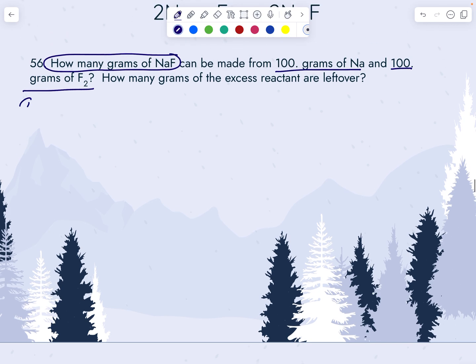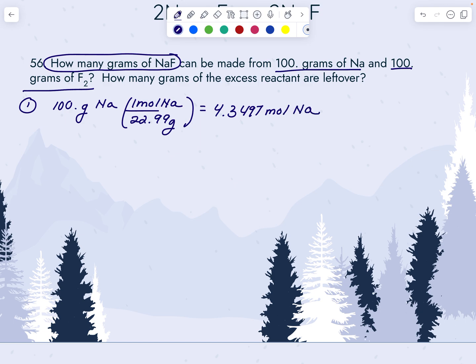Step number 1, of course, is convert both grams to moles. So 100 grams of sodium. We know 1 mole of sodium has a mass of 22.99 grams, which means we are starting with 4.3497 moles of sodium.